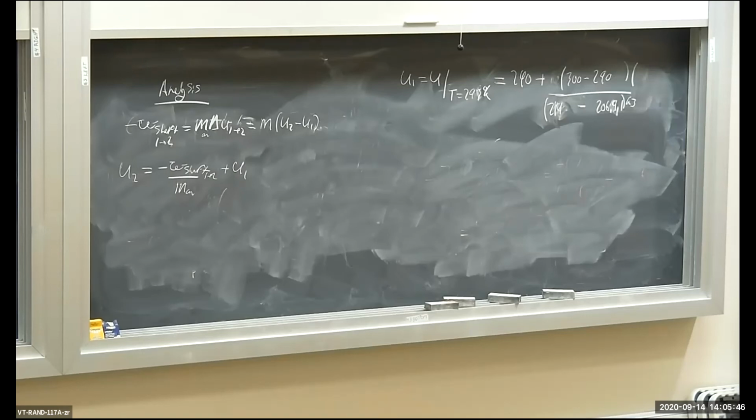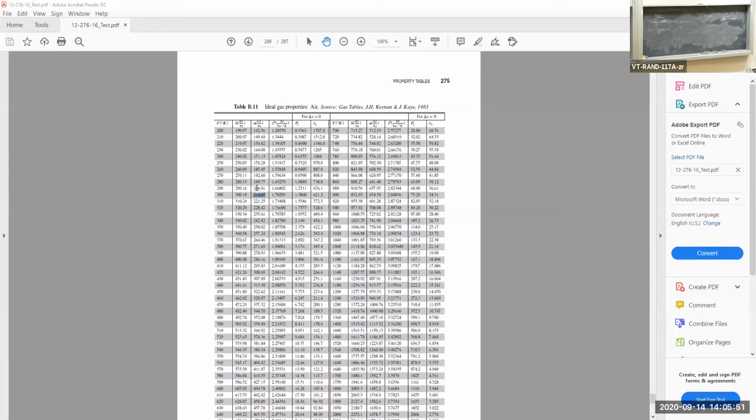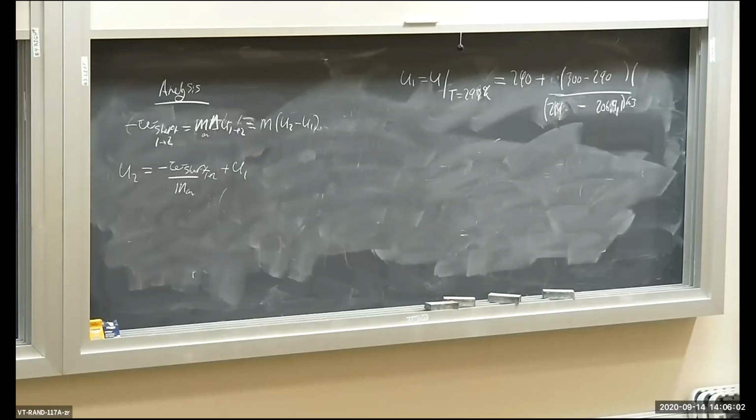Oh, I wasn't sharing this. So 293 is going to be my base value for temperature and specific internal energy. I'm going to do an interpolation between 290 and 300 degrees Kelvin.